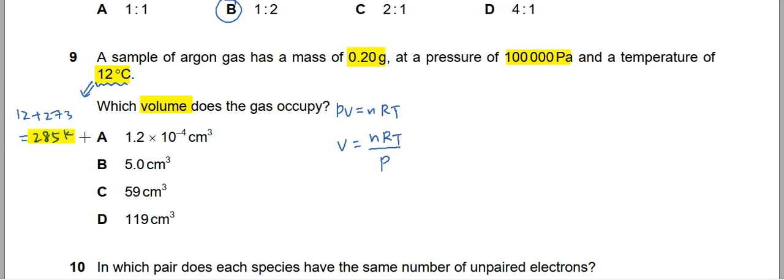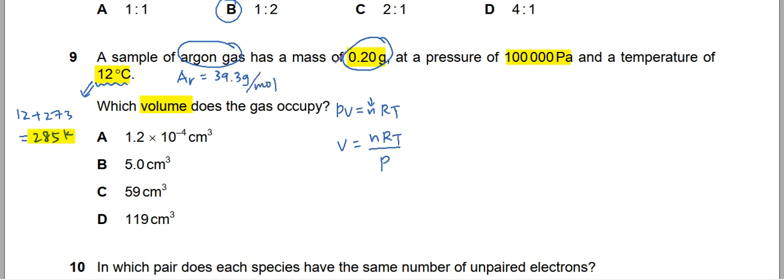And then n is the number of moles here. So this 0.2 grams we need to change to the number of moles. To do that we need to know the atomic mass of argon. We can get from the periodic table 39.9 grams per mole.